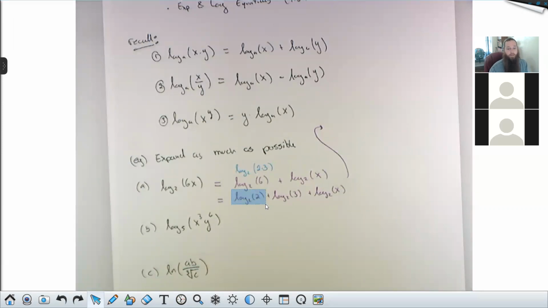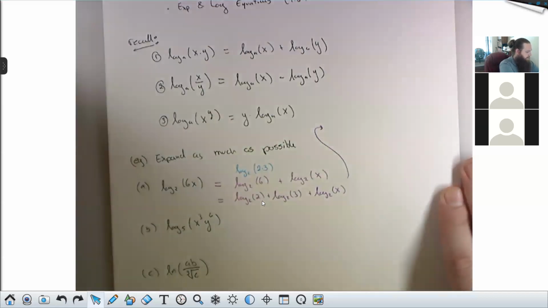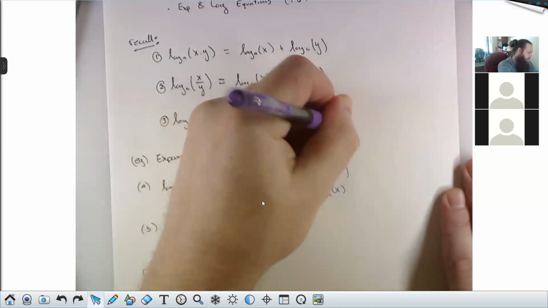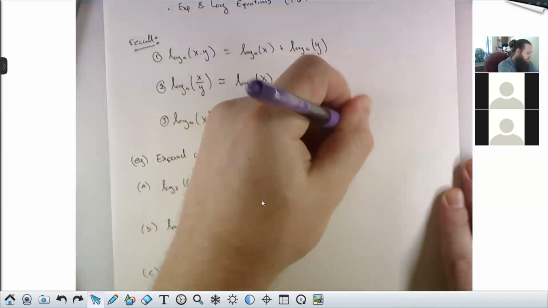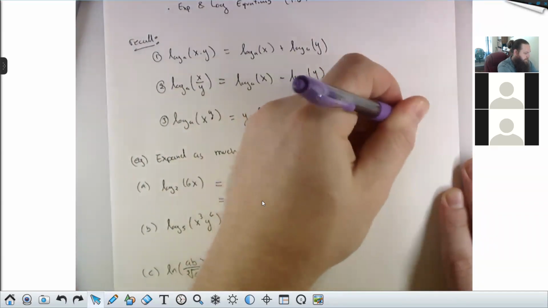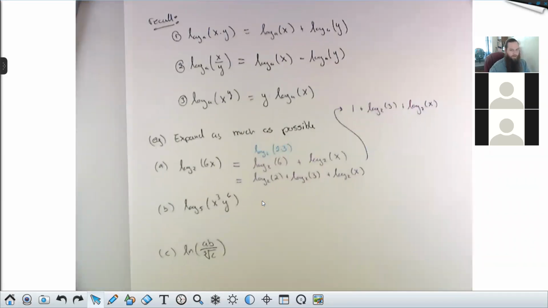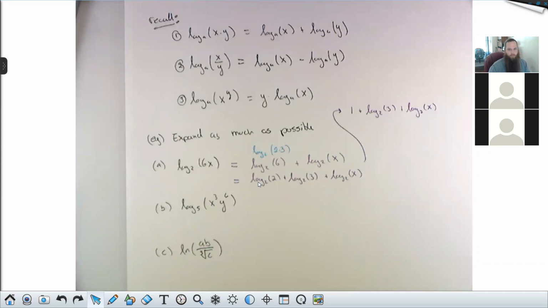What power of the base gives me the inside? Yeah, the base 2 log of 2 is 1. So this expression could be written as 1 plus the base 2 log of 3 plus the base 2 log of x. And that's as far as I can imagine taking this. I think WebAssign would probably accept the first line here, as would I on a test. Yeah, very good.